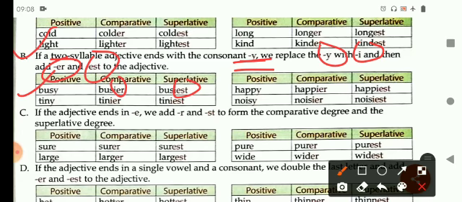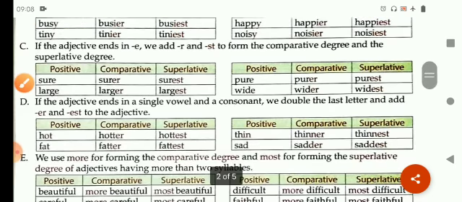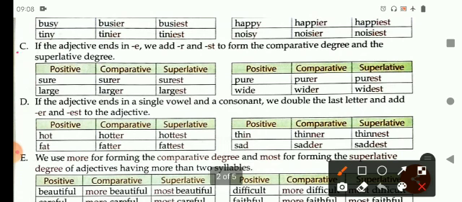Now in C, this is the next rule. If the adjective ends in e, we add r and st to form the comparative and superlative degree. For example, the word sure ending with the letter e.